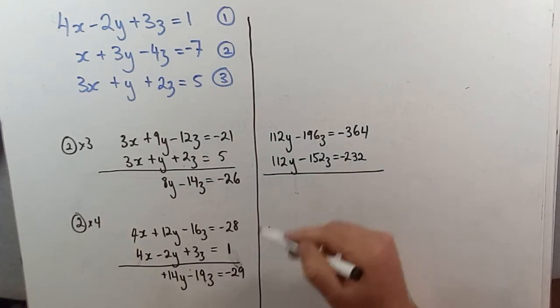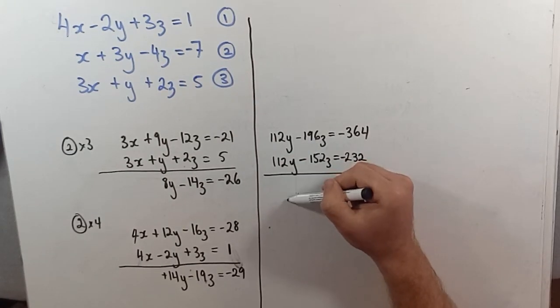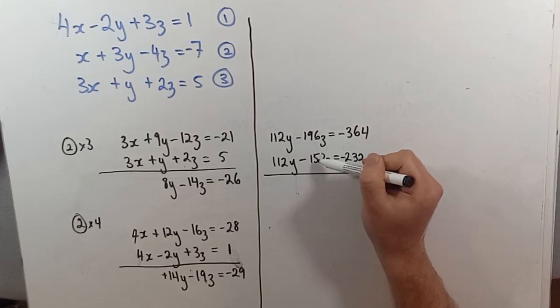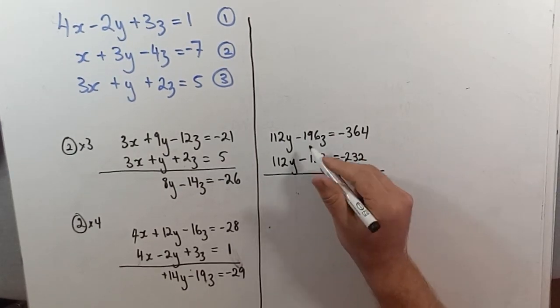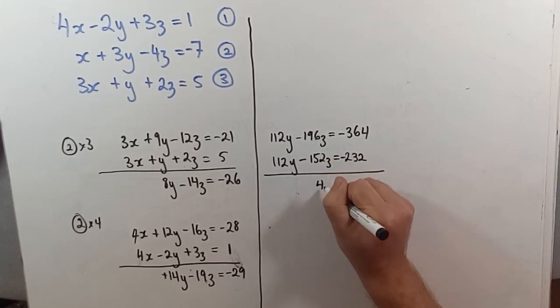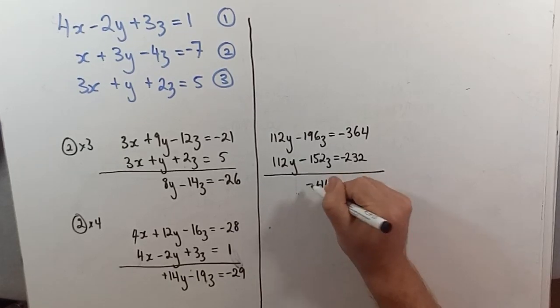All right. So now, minus these equations away from each other. That minus that is 0. The difference between those two is 44z.